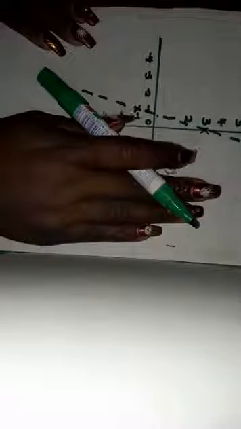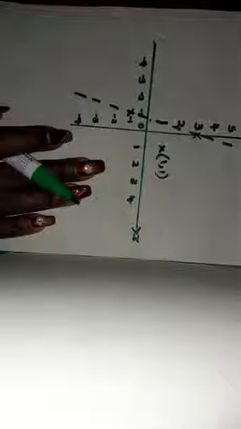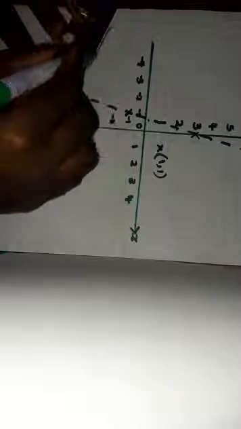All values on this side are less than y, yet we want values that are greater than y. So I'm not going to shade this region, but I'll go for the other side of the line for the required region.